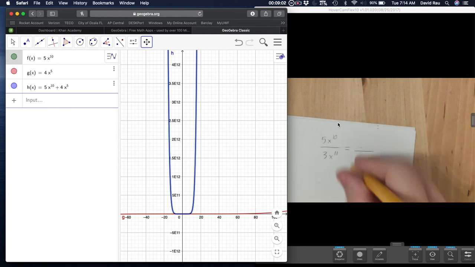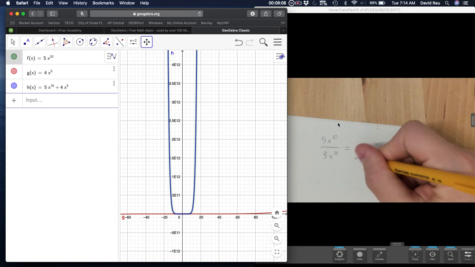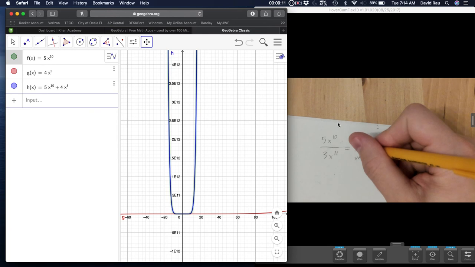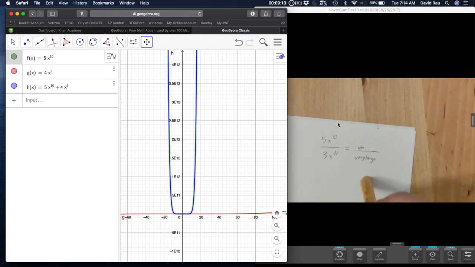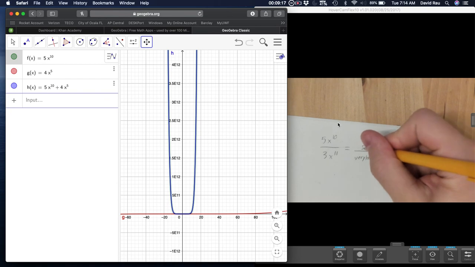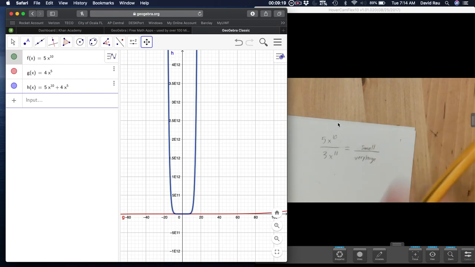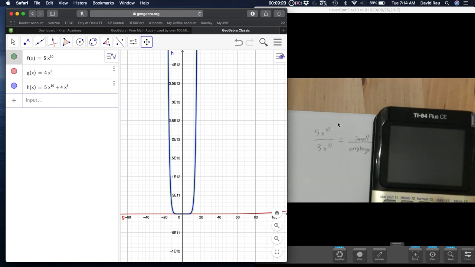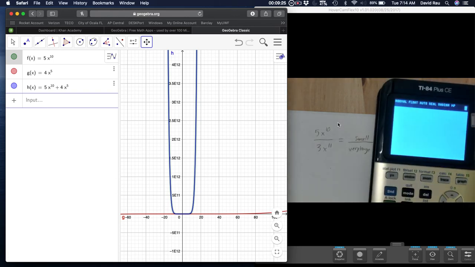I usually kind of say very large. This is not a mathematical proof by any means, but it gets the point across. You're going to have a very large over, essentially, I'll just say small, because something to the 10th power is by no means very small yet, but comparatively it is. Now what happens when you have a very small number over a very large number? Well, let's just see what happens here.